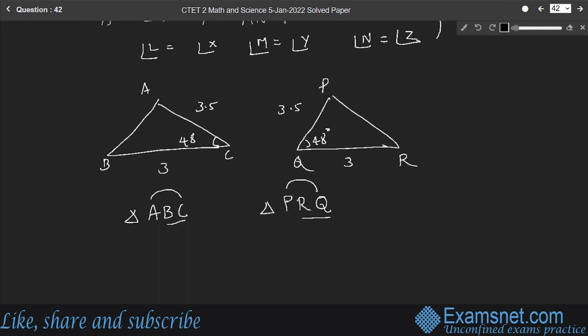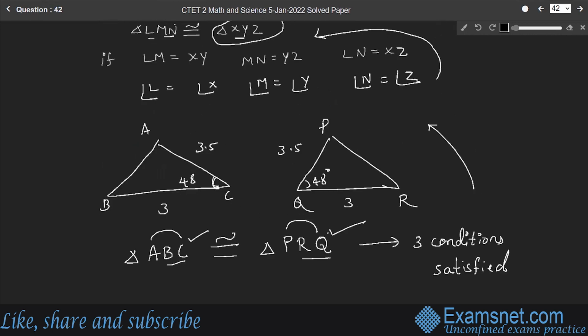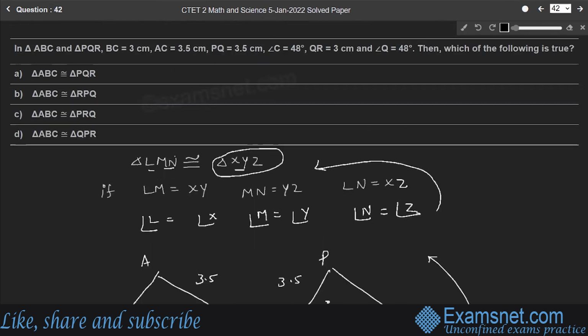AC is equal to PQ and angle C is equal to angle Q. So angle C is equal to angle Q. At least three conditions should be satisfied in order to prove the congruency between two triangles, right? Therefore, triangle ABC is congruent to triangle PRQ. Therefore, option C is the right answer.